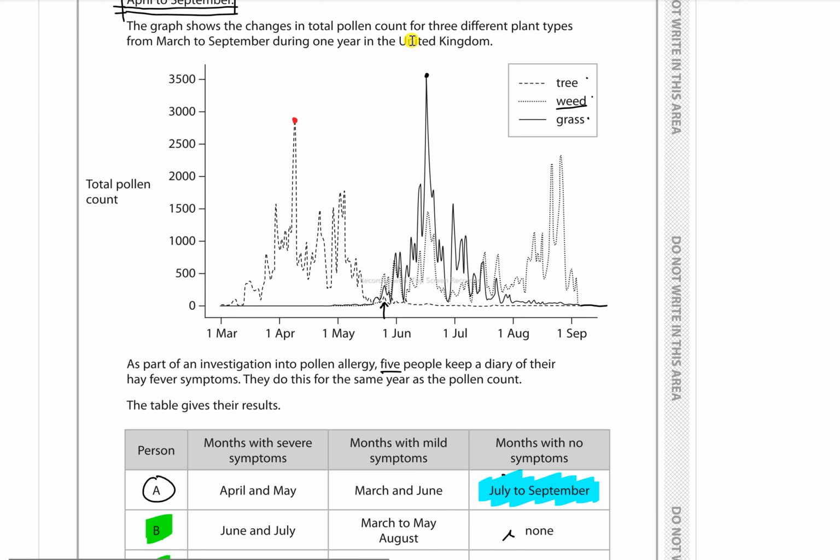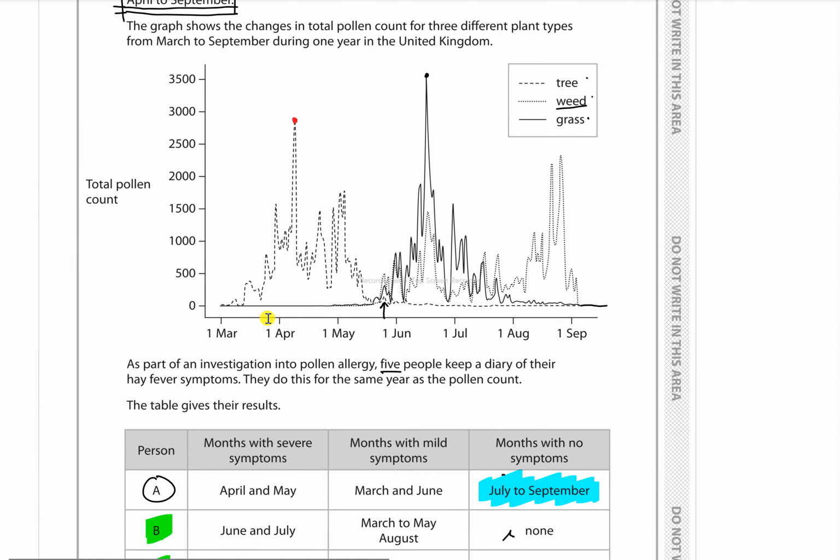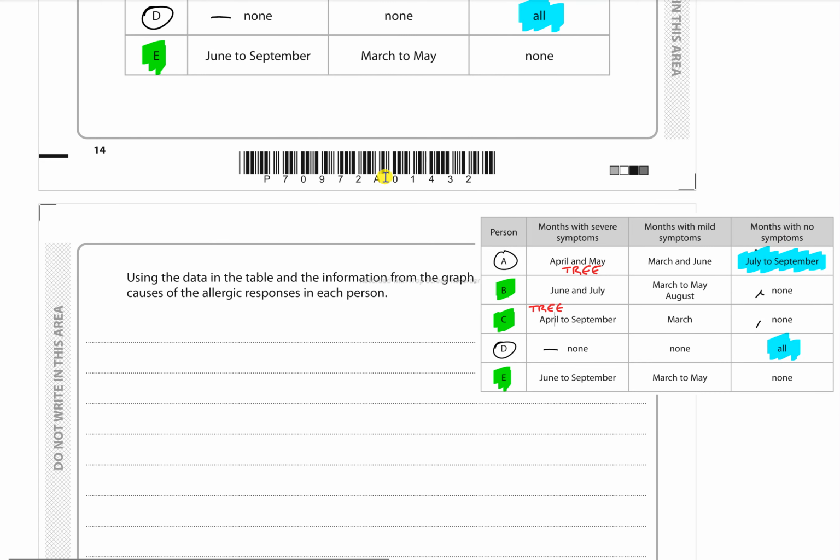March is 3. Okay, there's only 3. Grass is always there. June, July, so what they're saying, no, let's do it down here. March to June, what's happening in March all the way to June? So that is 3. March to June is 3.